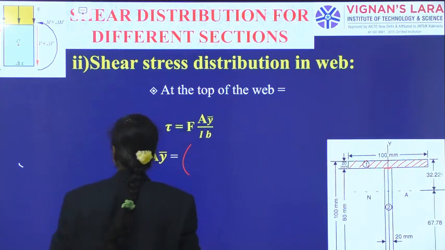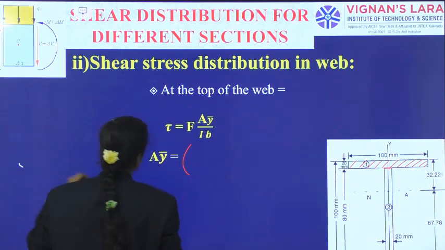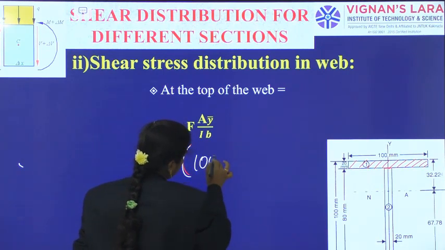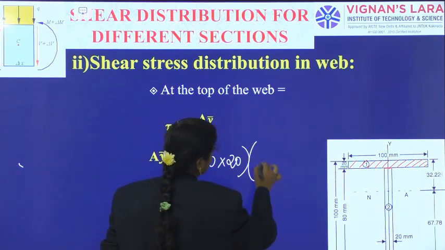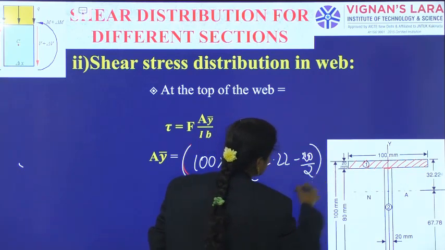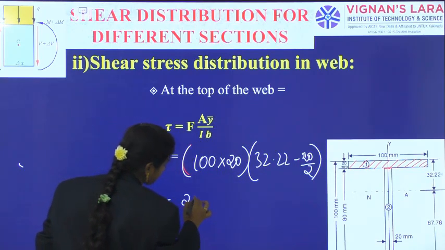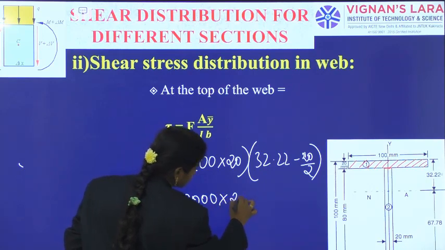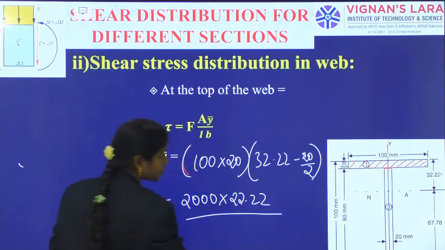Only the multiplication of 100, 20, 32.22 minus 20 divided by 2. So we have got 2000 into 22.22 as A into y bar.